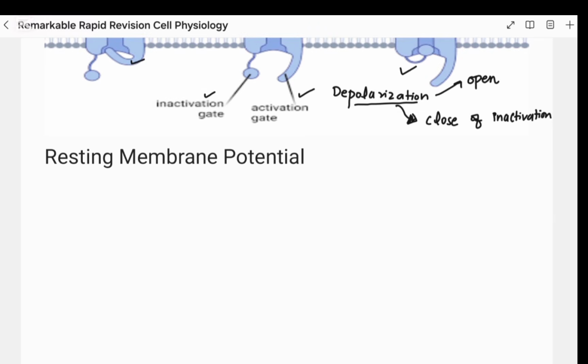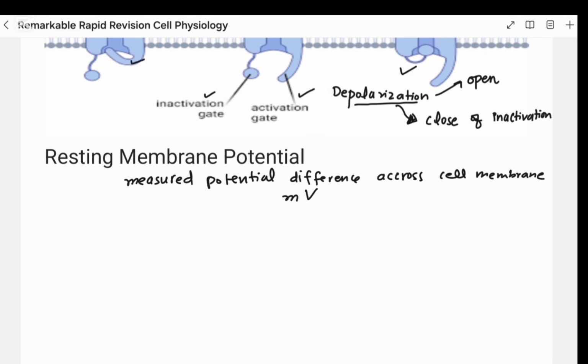So resting membrane potential is basically a measured potential difference across the cell membrane, and by convention it is measured in millivolts.